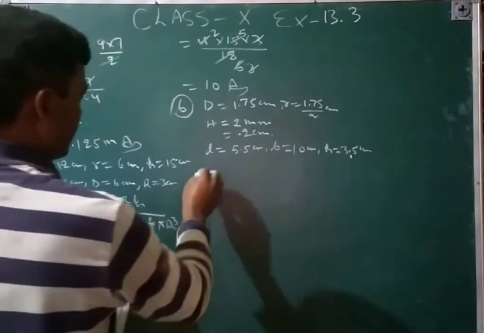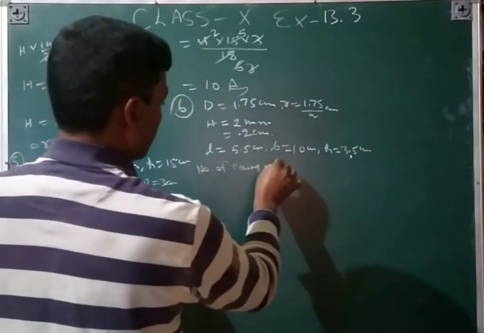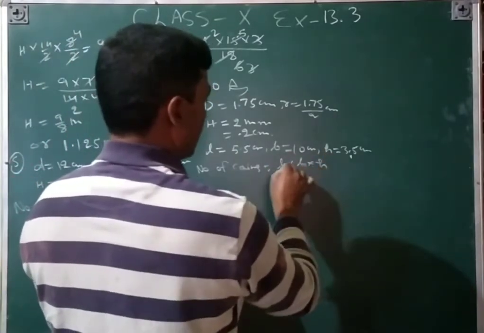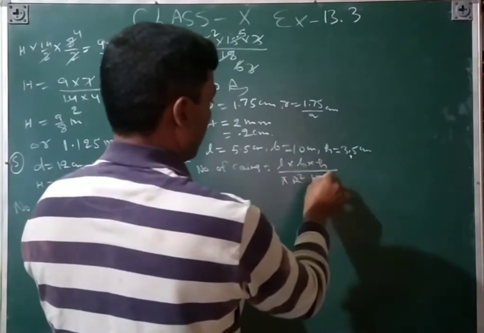So number of coins is equal to volume of cuboid, L into B into H, upon volume of cylinder, pi r square h.